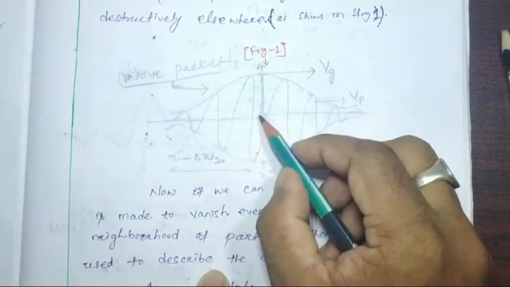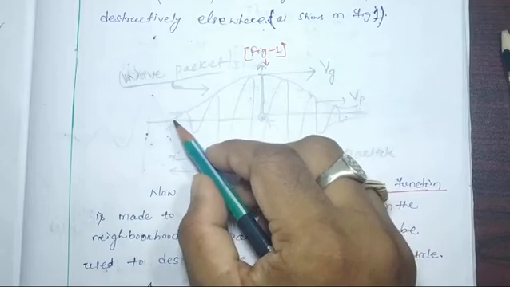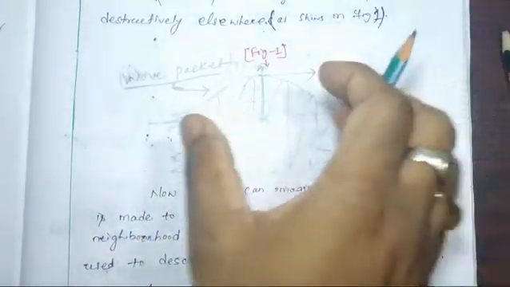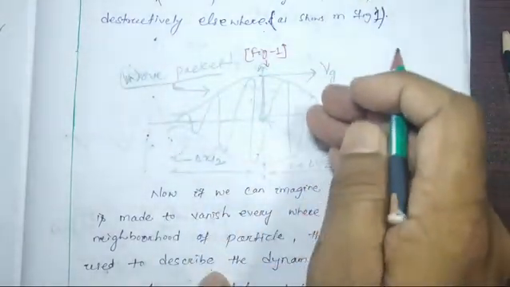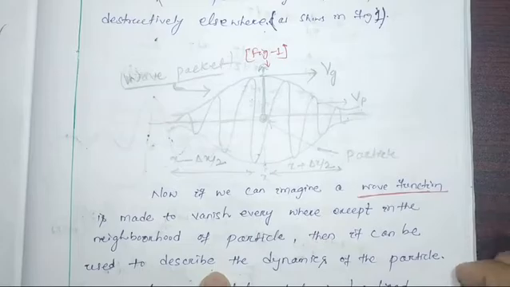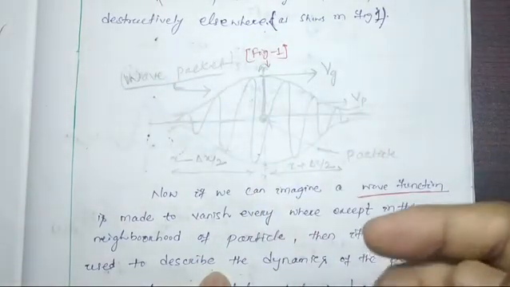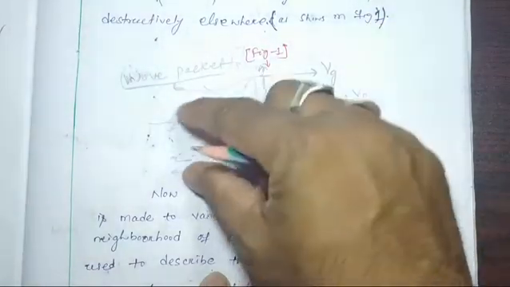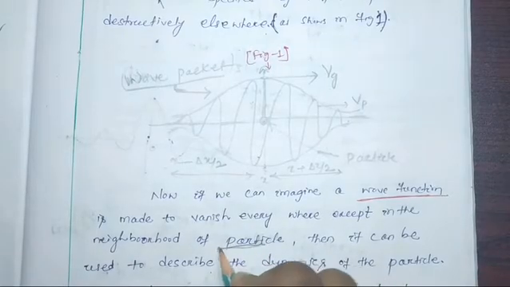The particle is present nearby, that means from here to here, within this range, the wave function exists, and apart from that the wave function does not exist, it vanishes. Then this will be described as the wave function of the particle. That means this will be a theoretical representation of the particle.